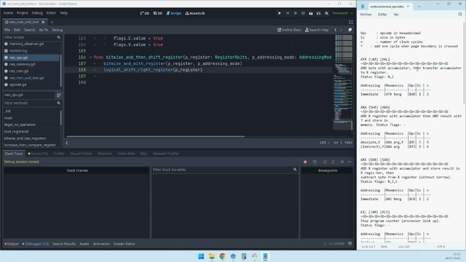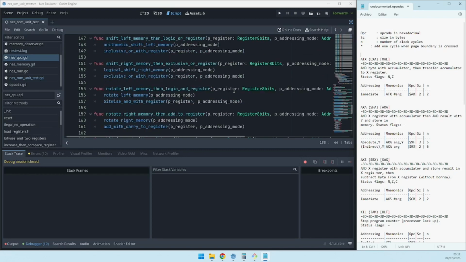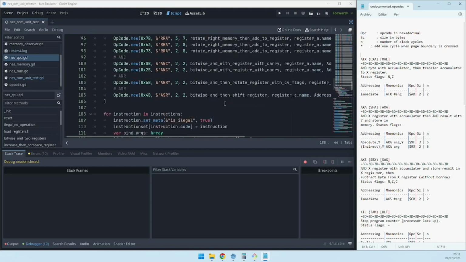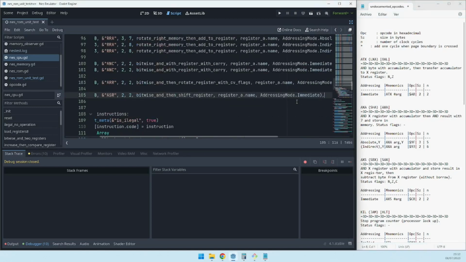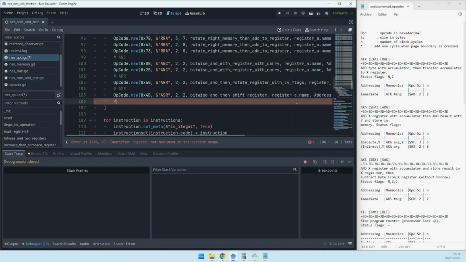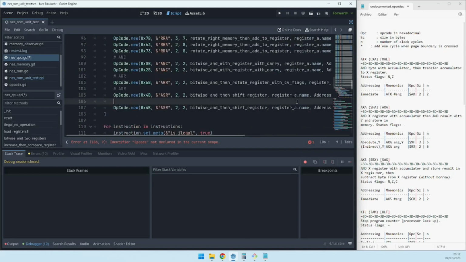AND byte with accumulator, then transfer accumulator to X. Opcode.new. What am I doing? Once again, I should just duplicate it.